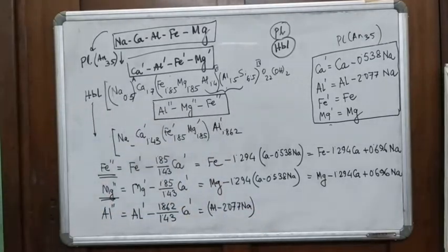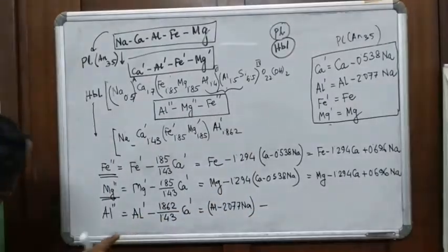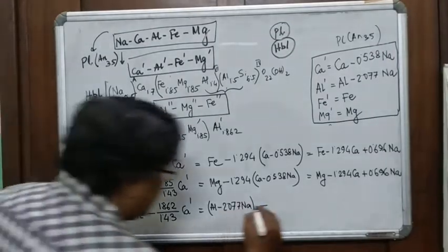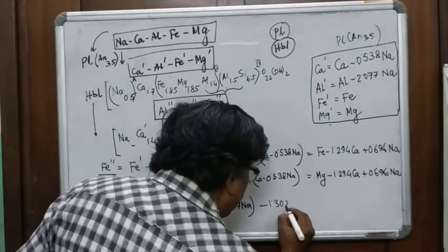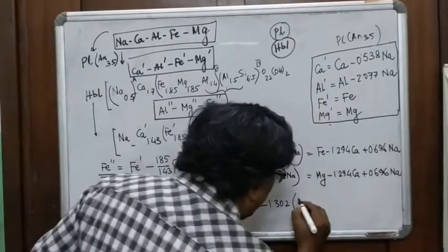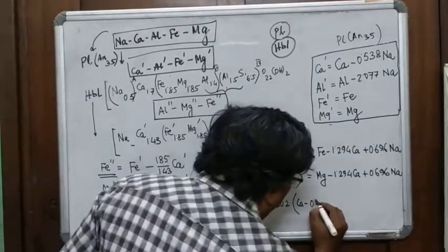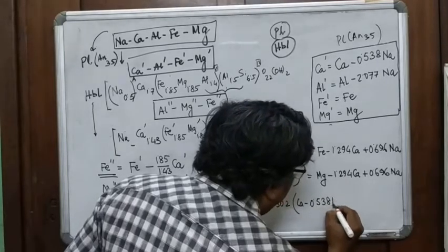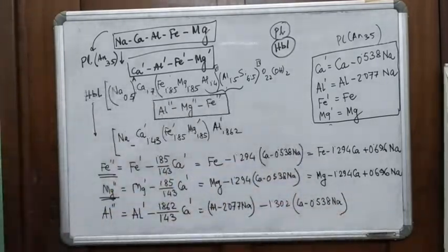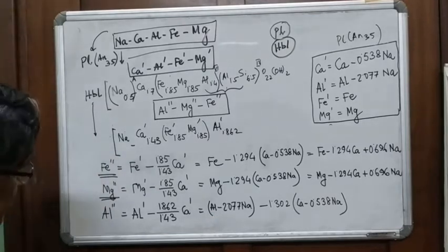That's Al prime. Minus, what is the number here? 1.294. Oh no, sorry, 1.302. 1.302 into Ca prime, and Ca prime is Ca minus 0.538 Na. Right? So this is Ca prime. No, there is something I missed. No, sir, it's fine. No, I missed some.